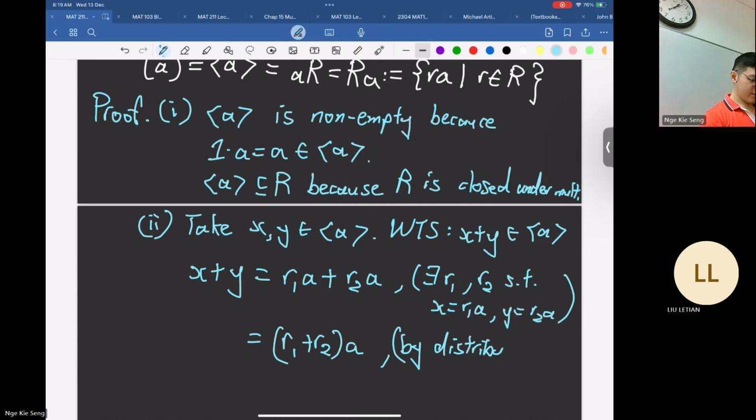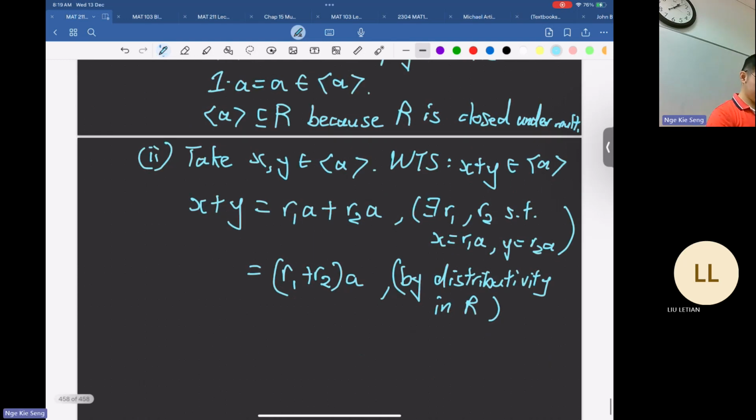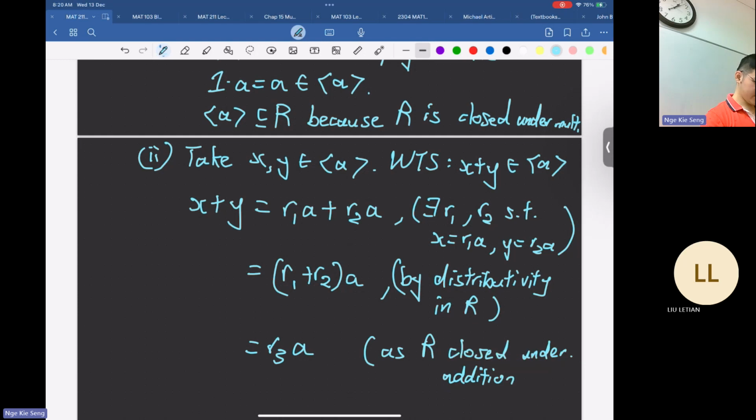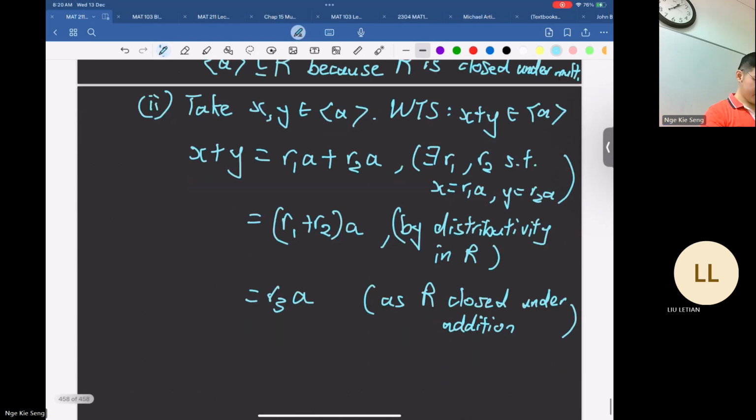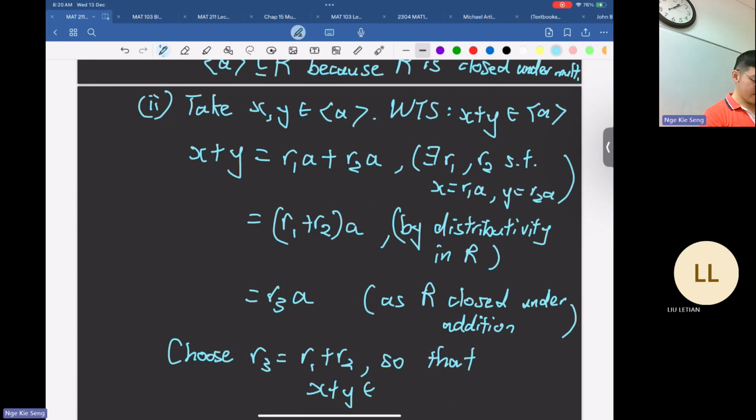Is r1 plus r2 another element of R? Yes, because our ring is a group under addition. So we can choose r3 equals r1 plus r2 so that x plus y is again in the principal ideal generated by a.